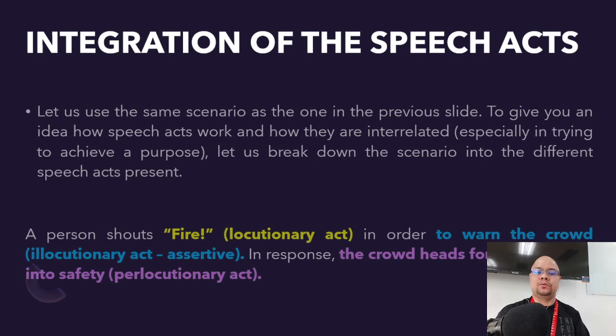This is to warn the crowd about a current occurrence, which is that he or she saw that something was burning. So that is a form of assertion, or assertive illocutionary act, to express a state of affairs. Something is burning, I will shout fire. So the illocutionary act is assertive.